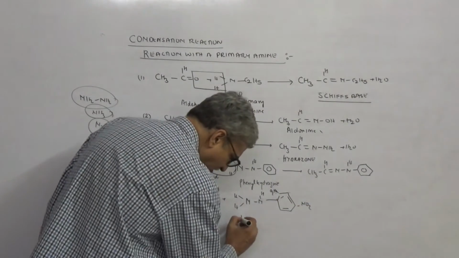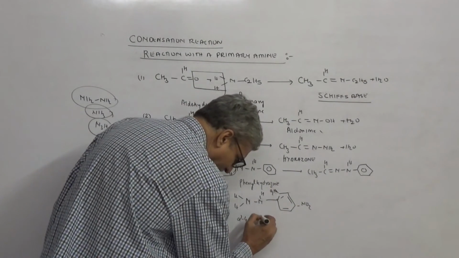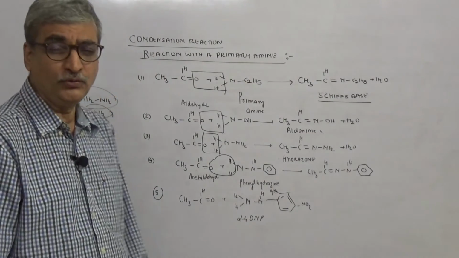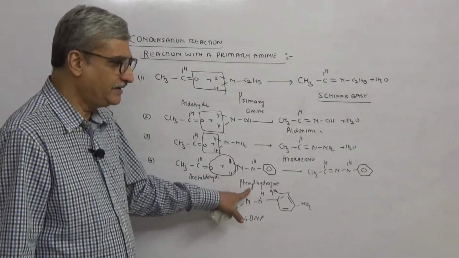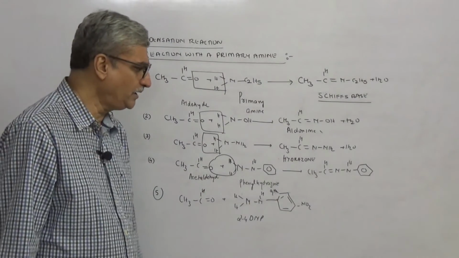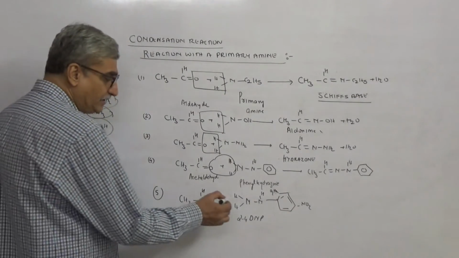So this is called as 2,4-DNP. 2,4-DNP means what? 2,4-dinitrophenylhydrazine. ये phenylhydrazine है, खाली उसका सब्स्टिट्यूएंट का नाम लिखो, 2,4-dinitrophenylhydrazine. तो क्या हो जाता है?